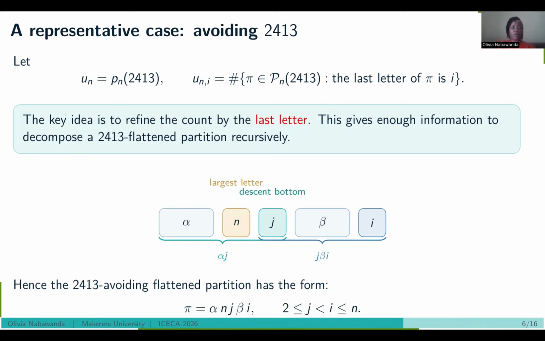All 2413 avoiding flattened partitions have a form like this: if n is not at the end, then it is somewhere, acting as the largest letter, and the letter that follows immediately after n will act as the descent bottom.